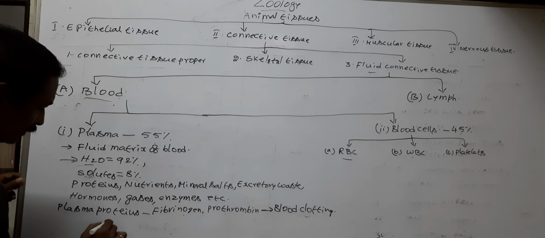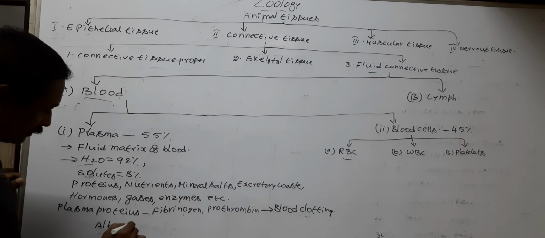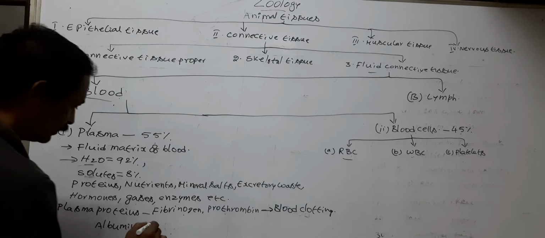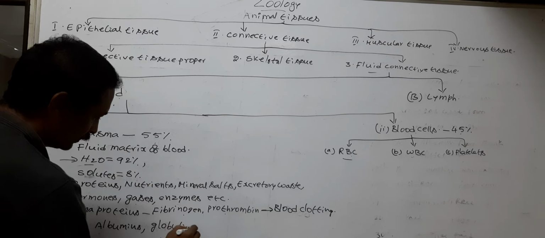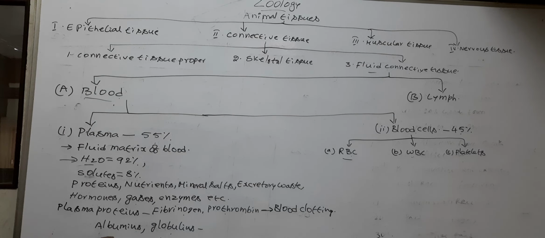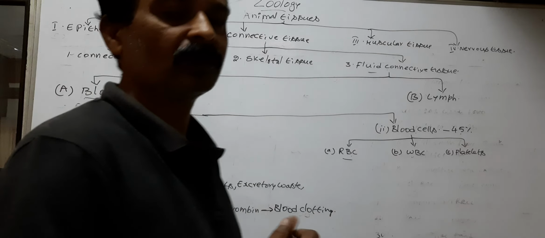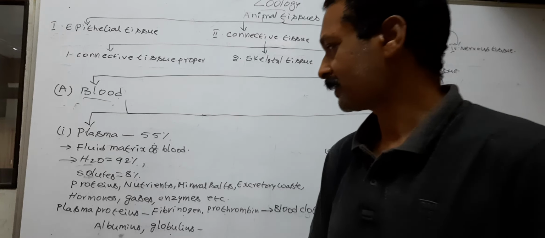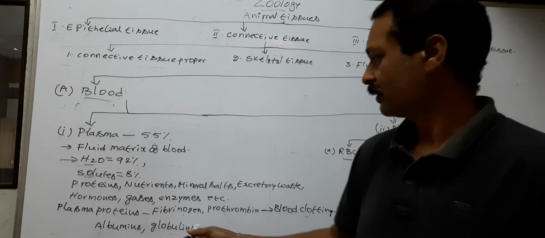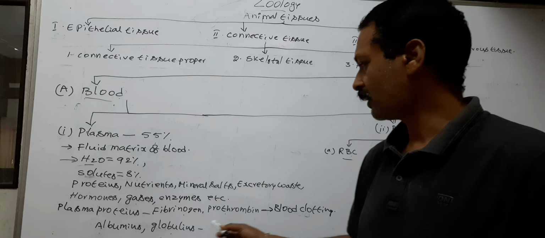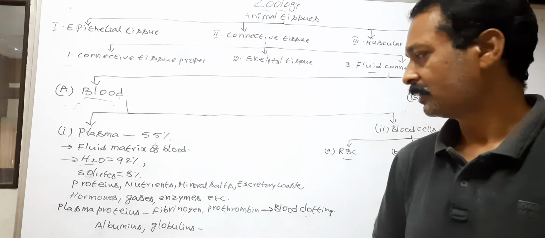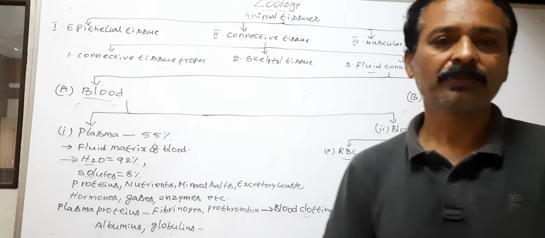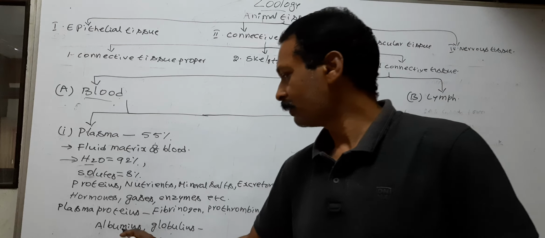Next, the plasma also contains albumins and globulins. Albumins and globulins are also plasma proteins. So plasma contains fibrinogen, prothrombin, albumins, globulins.